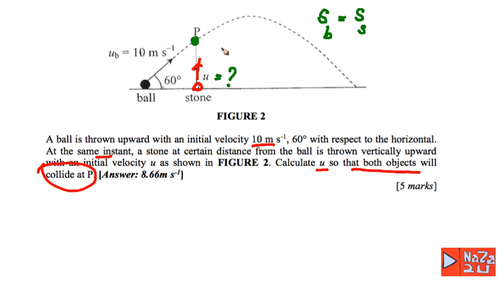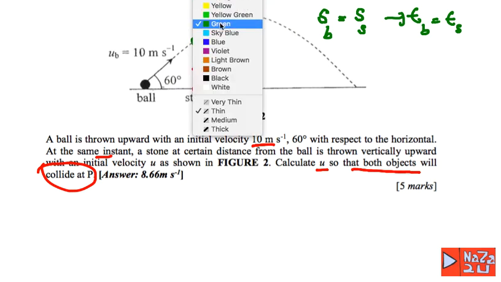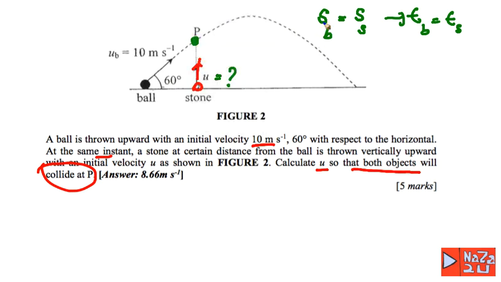The time for the ball is also equal to the time for the stone. So if SB is equal to SS, the stone and the ball will collide with each other at point P. And you can use the relation between SB and SS here.